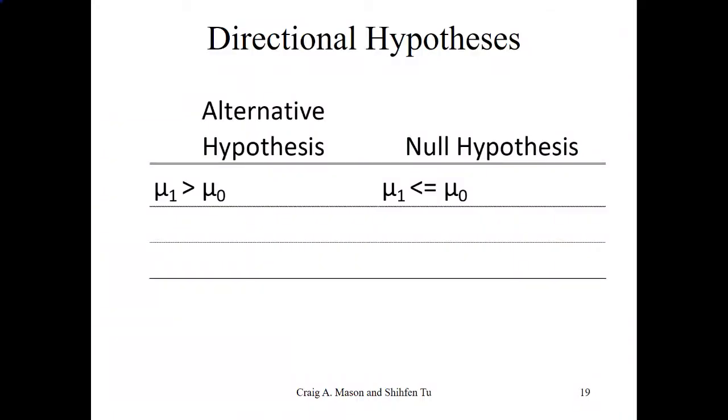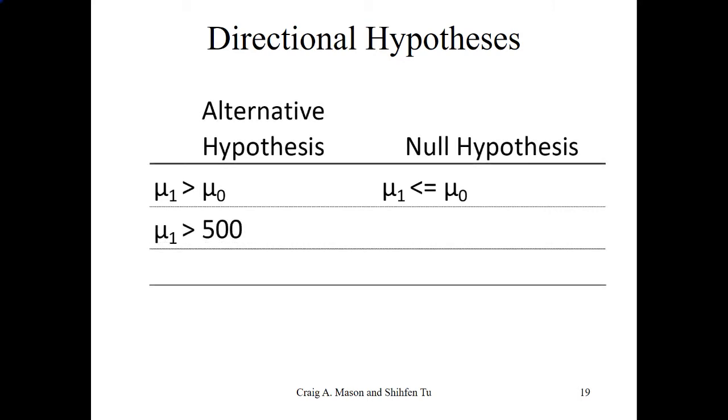Because we know the overall population mean, mu0, is equal to 500, we can also write the alternative hypothesis as mu1 is greater than 500. And we can write the null hypothesis as mu1 is less than or equal to 500.